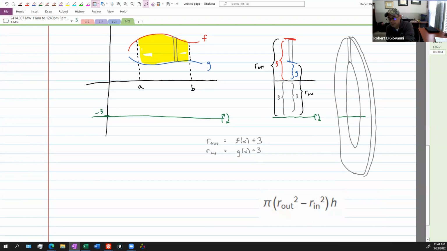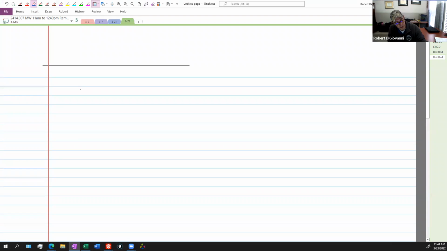Okay, so let's do a specific one here. Let's take f of x equals x squared, and g of x equals the square root of x.